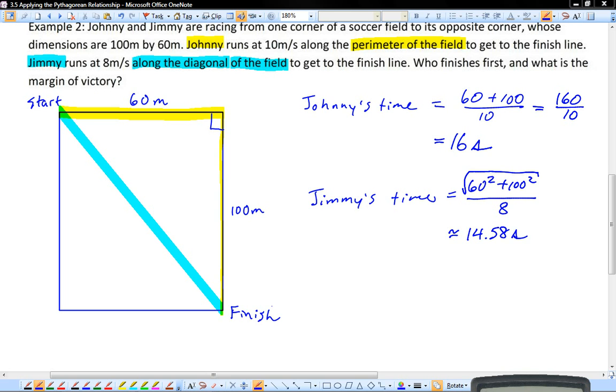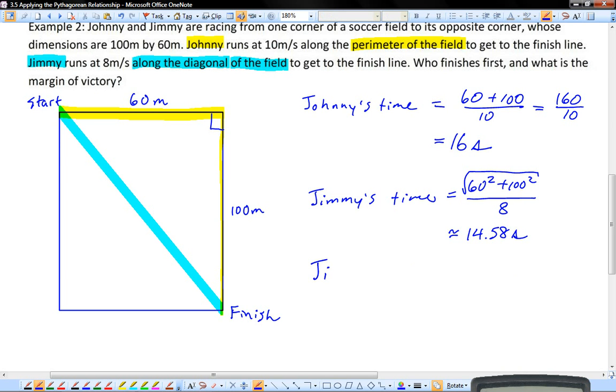So it takes Johnny 16 seconds, and Jimmy, it only takes him 14.58 seconds. So it looks like the winner is going to be Jimmy. And now the question is just, what is the margin of victory?